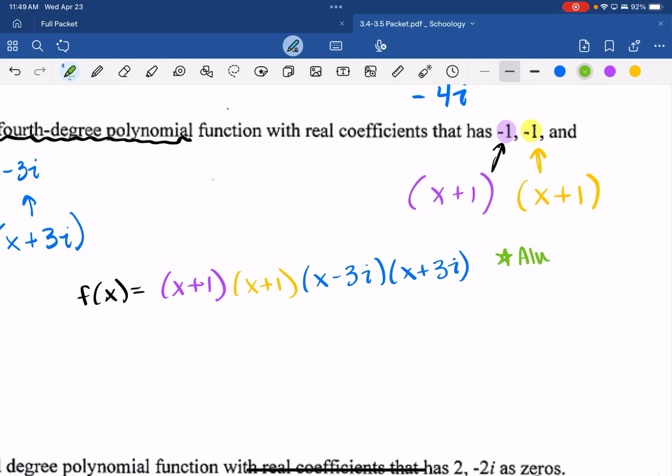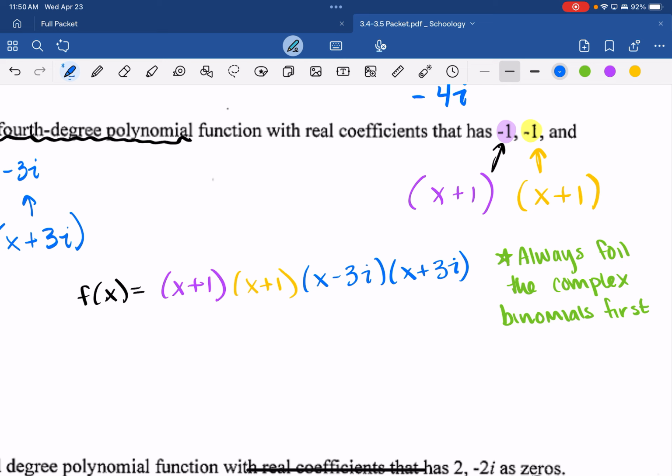Always FOIL the complex binomials first. If you do that, it'll be a lot easier to simplify this, okay?